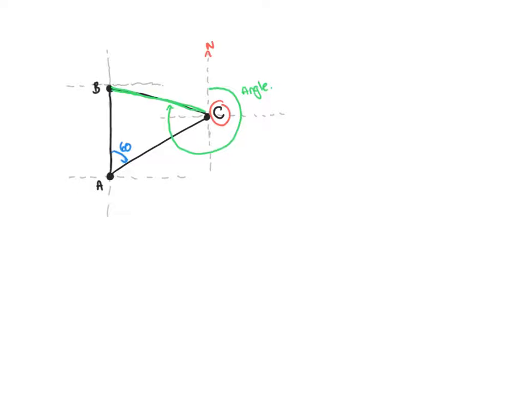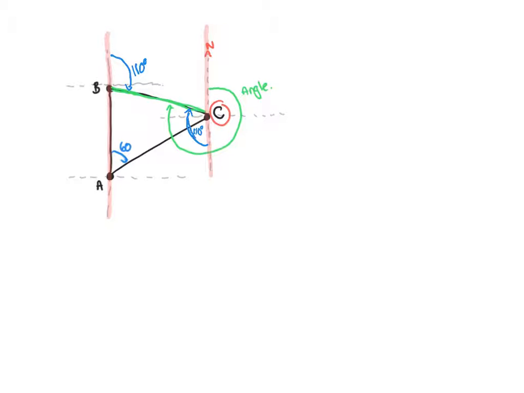Now, if you look at the north lines, they act as parallel lines. So you've got a north line there, and there's also a north line there. We knew that when B left the group, that was 110. If that's 110, then this is 110 due to parallel lines.